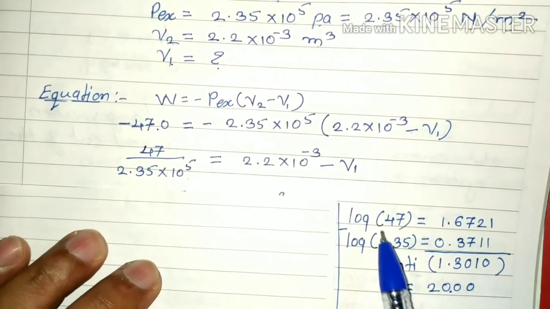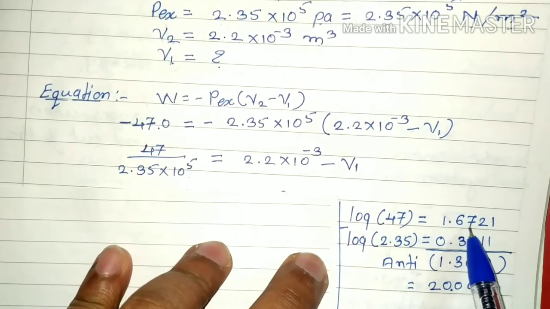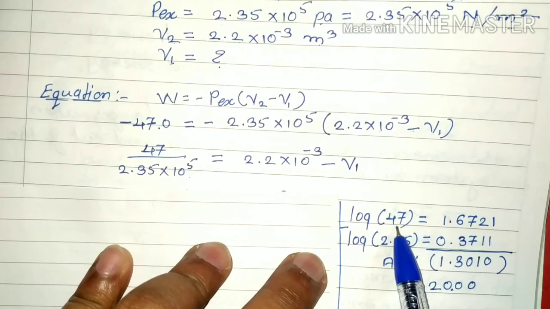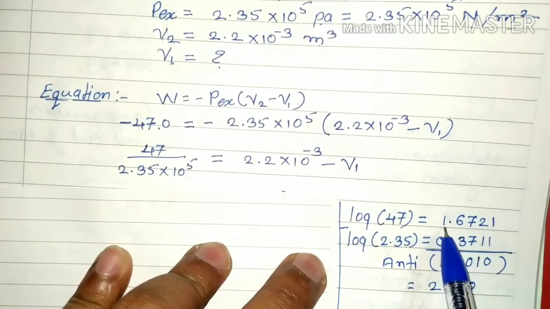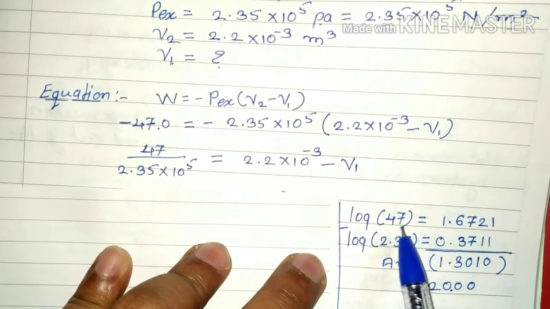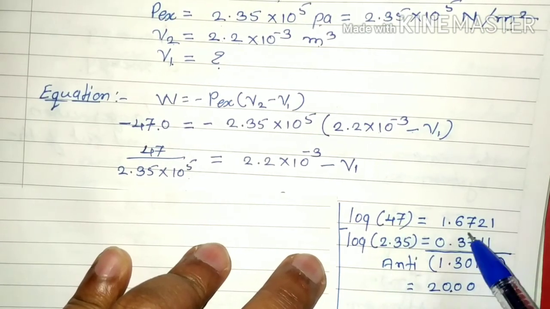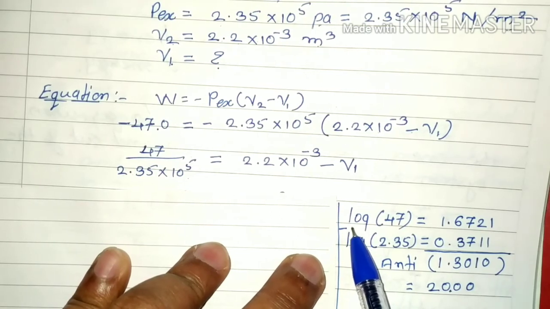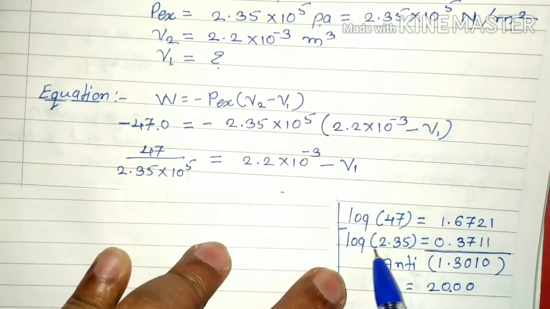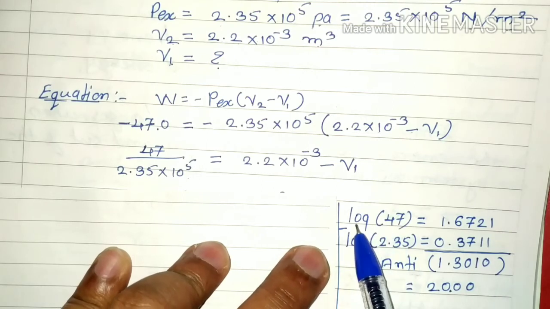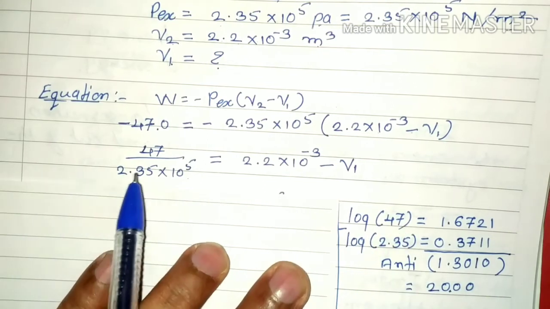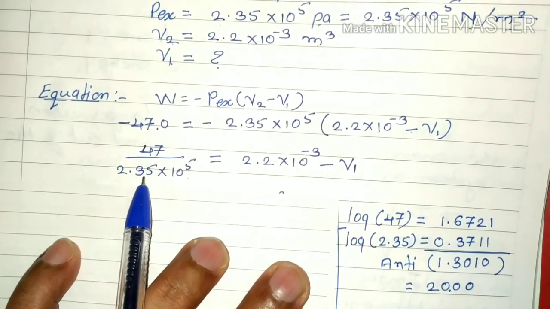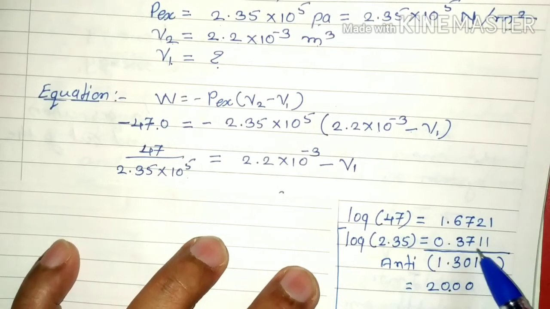Log antilog calculation. The log of 47 is 1.6721. The characteristic is 1, since there are two digits, so 2 minus 1 is equal to 1, and the mantissa for 47 is 6721. We subtract the log of 2.35 from the log of 47, because here there is a division of 47 by 2.35.